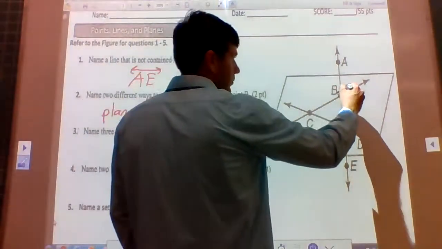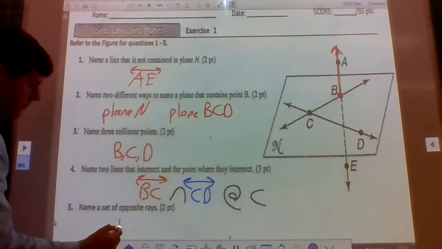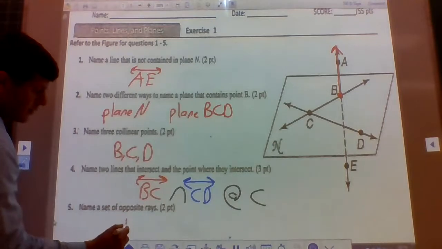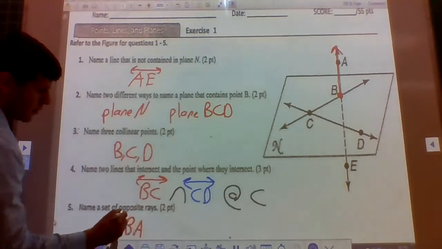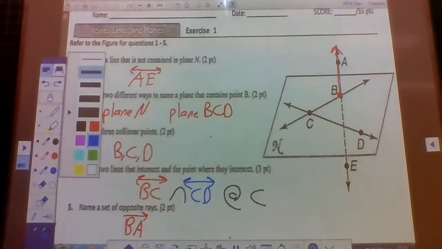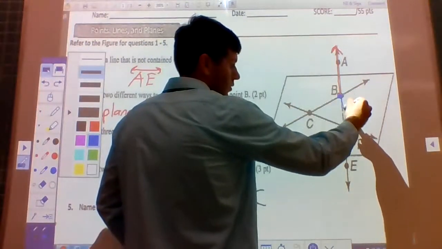So we can take a ray BA. There's ray BA. The arrow is over the A because B is our endpoint, and we're going through A to infinity. An opposite ray to ray BA is going to share the same endpoint, so it's going to have an endpoint of B. And then it's going to form a line, so it's got to go in the opposite direction.